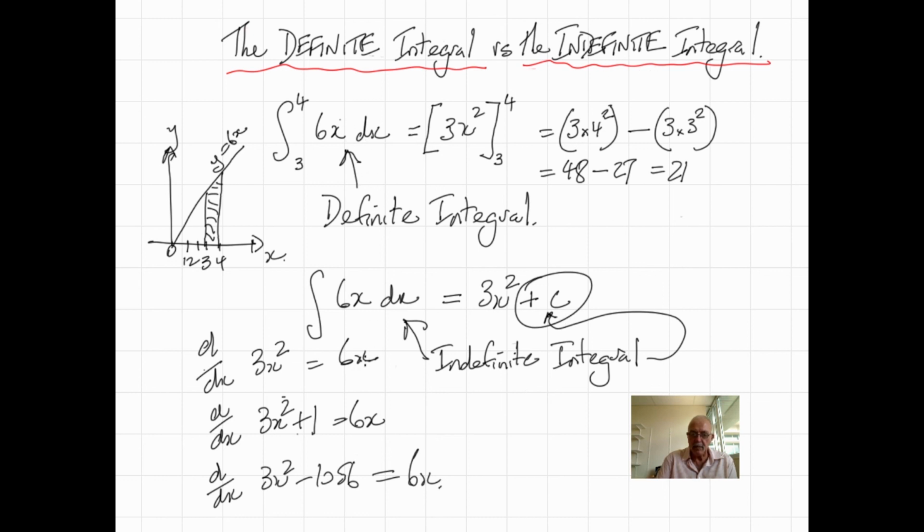You've still got to find the antiderivative function, so you've still got to find what you differentiate to get 6x. In this case it's 3x squared. But because you're not given bounds, there could be any constant involved, so we just put plus c, because when you find the derivative of the plus c you get a 0, so you still get 6x when you differentiate the indefinite integral.